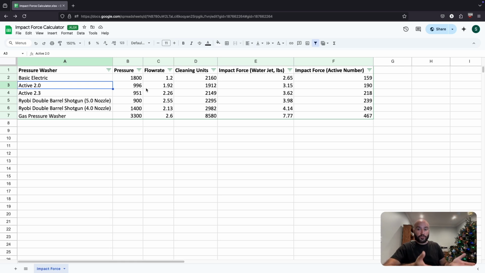It requires too much power. So they will always trade off that way. We know that a higher flow rate pressure washer will put down a higher impact force. Don't get tricked into thinking that a higher pressure number means more cleaning power. It doesn't at all.